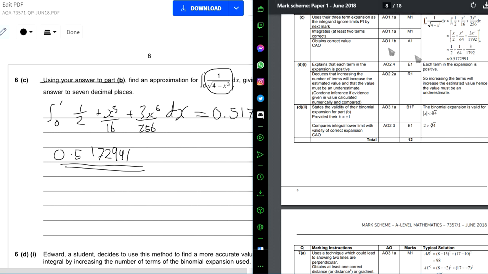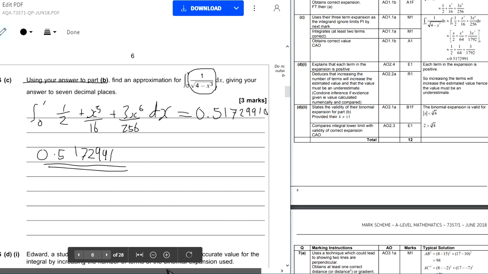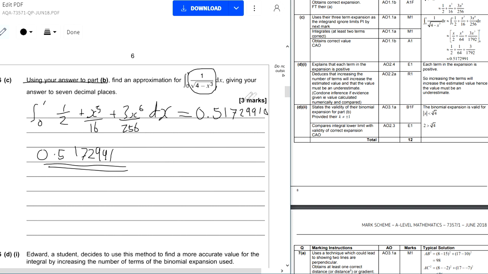The mark scheme is actually saying you've got to integrate at least 2 terms correctly. So really, I would actually lose marks here. I'll lose 1 mark, which is not devastating, but I guess the key here is it's 3 marks, and I've already done 2 marks worth of stuff.